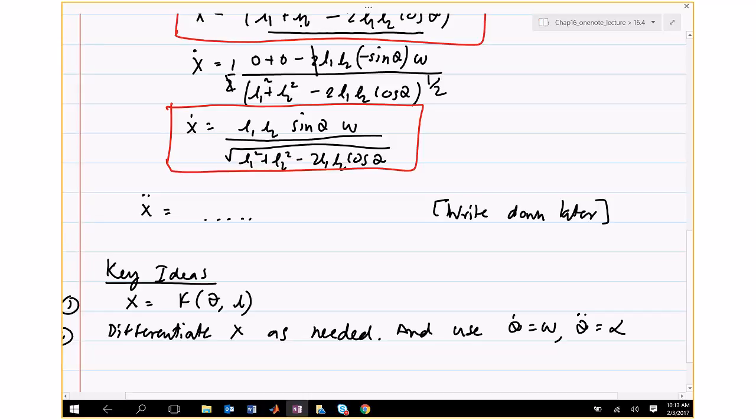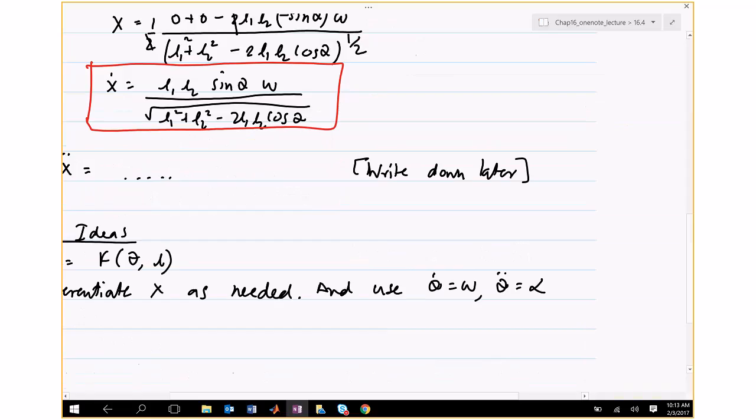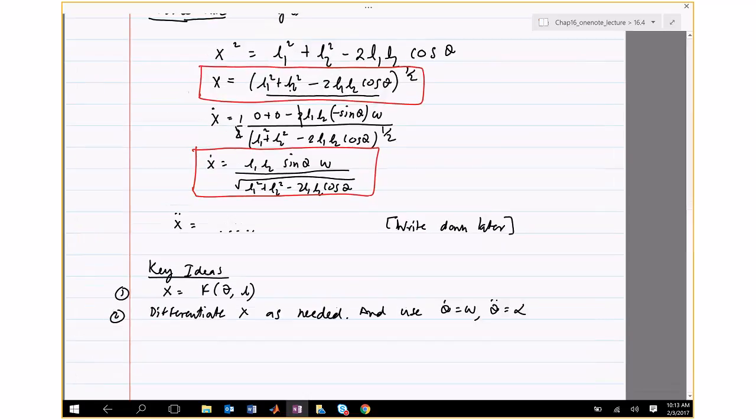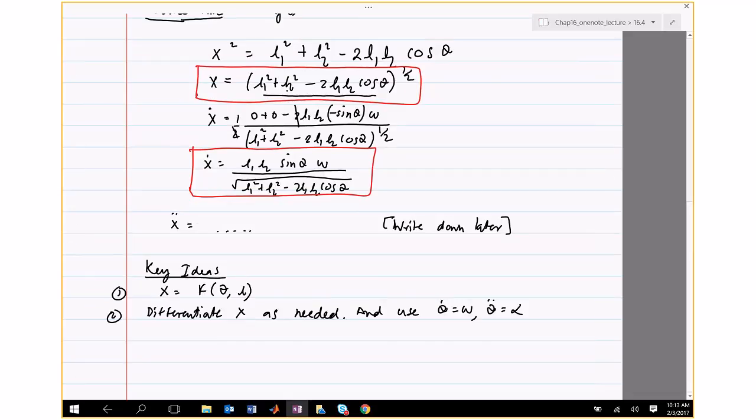So all the problems we will do in this section boil down to writing the unknown x as a function of things which are known, and then taking the derivative of x with respect to time and using the fact that you know what theta dot and theta double dot is. Is that clear?